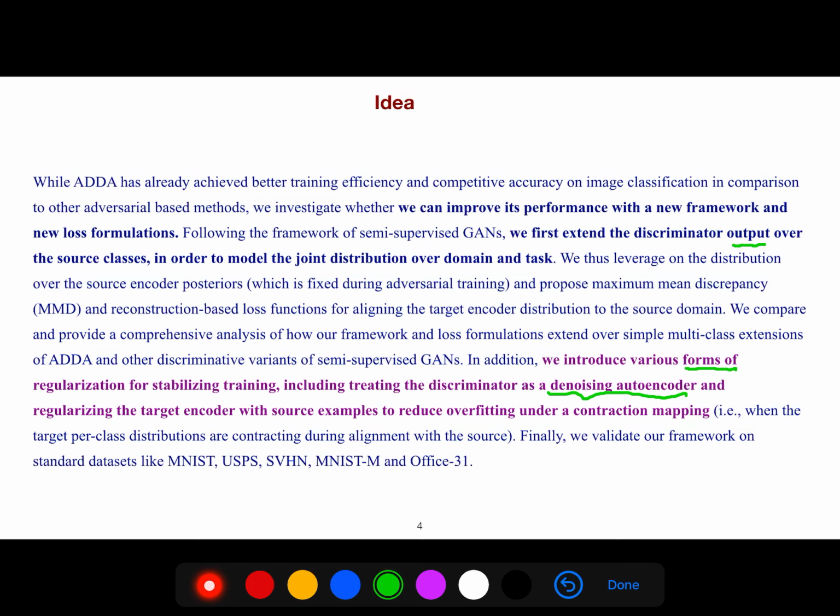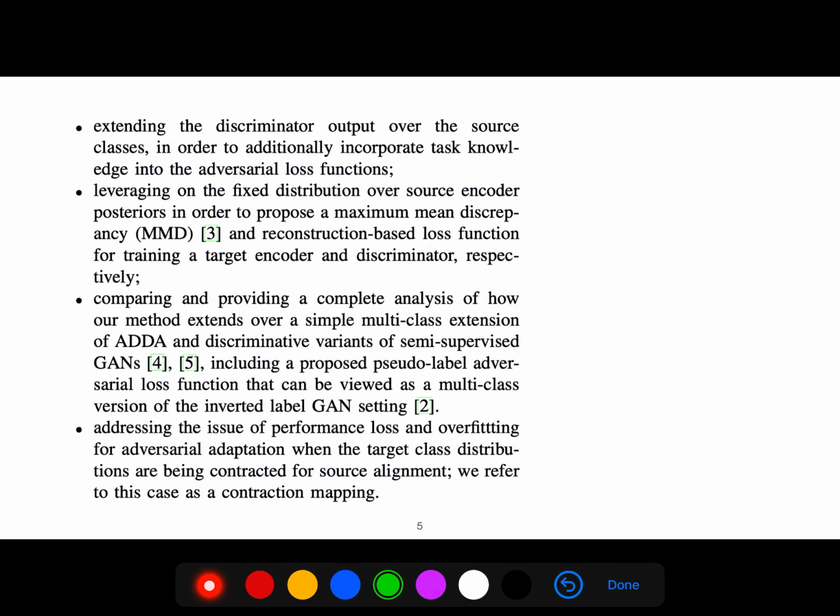For example, when the target per-class distributions are contracting during alignment with the source. So we are leveraging the fixed distribution over the source encoder to propose a maximum mean discrepancy. So this is their measure, maximum mean discrepancy for domain adaptation.